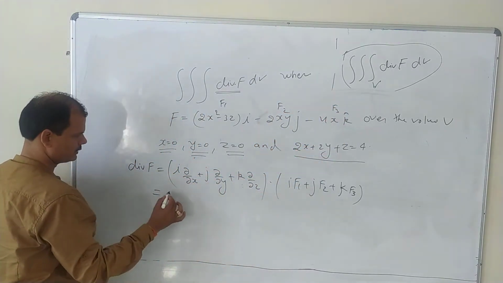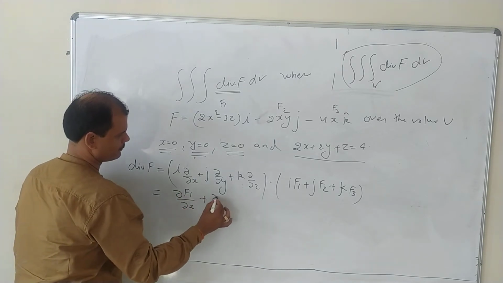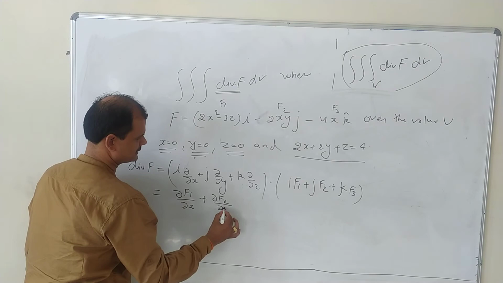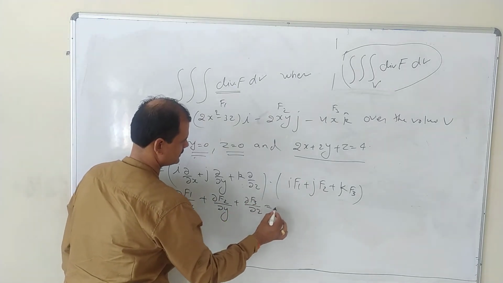So this will be del f1 by del x plus del f2 by del y plus del f3 by del z.